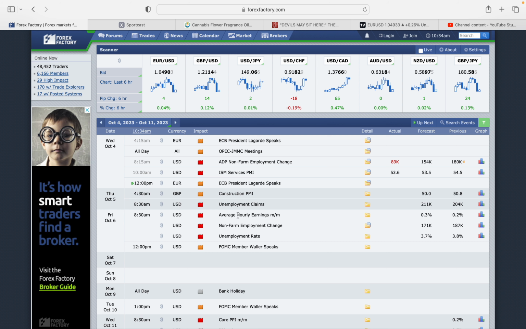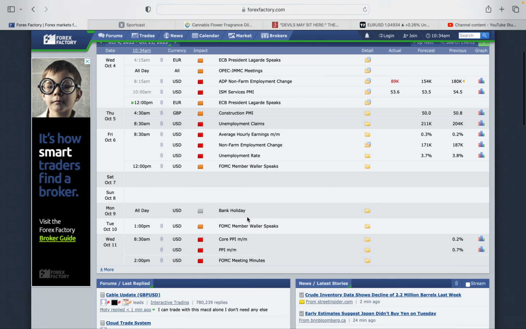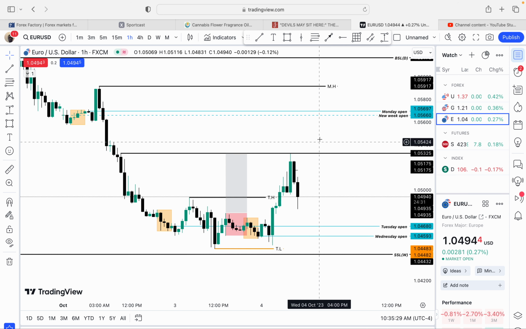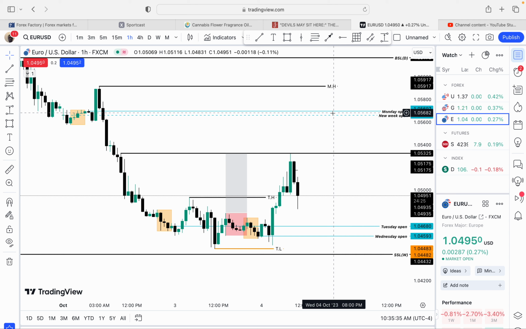So after non-farm payroll, I can just sell short, and I would more than likely want to hold a position, or well, not say hold, but have a runner on. So when I go short, I would move to suit in terms of taking my profits. But instead of closing the position, I would move to break even on profits and allow the trade to just continue going, targeting the weekly low.